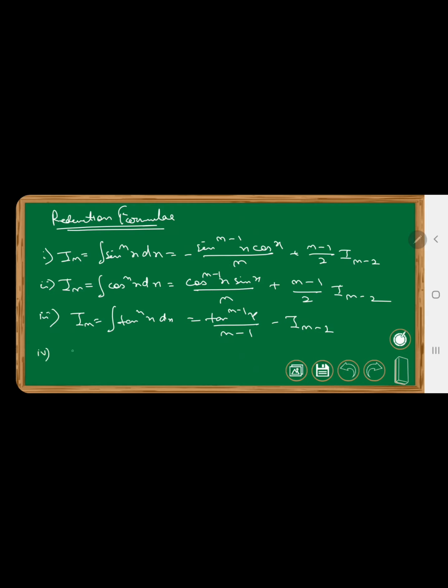The fourth one, you have I_n equal to integral sec^n x dx, which is given as sec^(n-2)x tan x over (n-1) plus (n-2)/(n-1) I_(n-2).